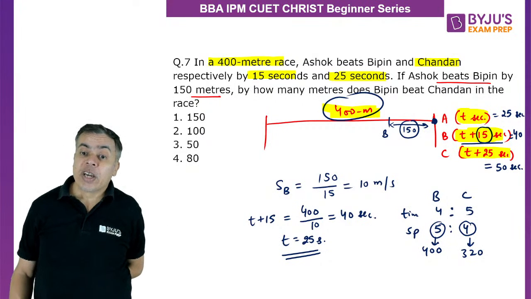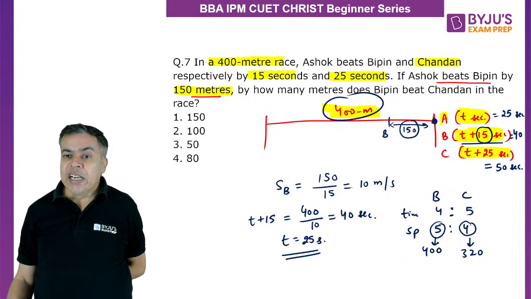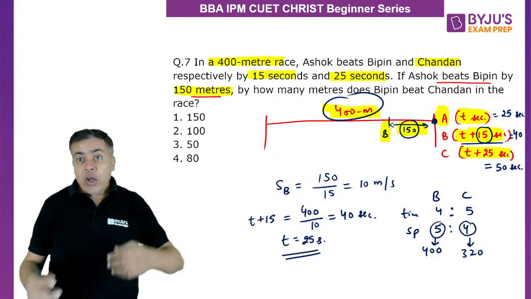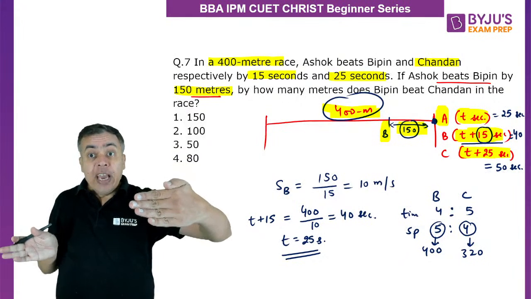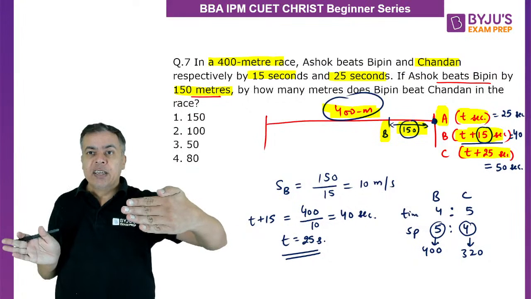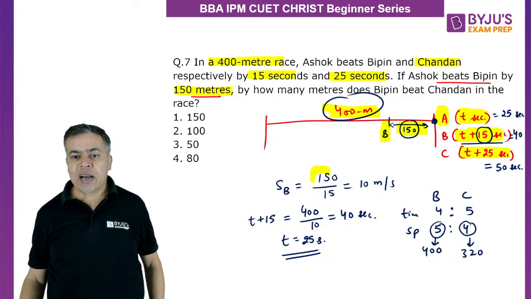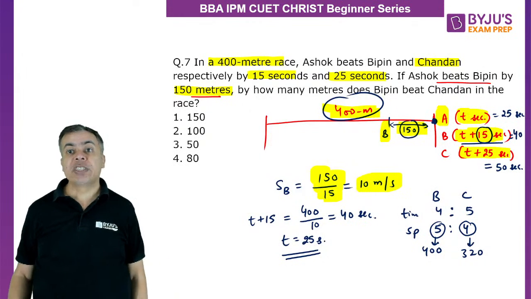But it is also given that A beat B by 150 meter, so when A reaches the end, B must be 150 meter behind. Now A is beating B by 15 seconds, so B will cover that 150 meter in 15 seconds. Hence the speed of B is 10 meter per second.